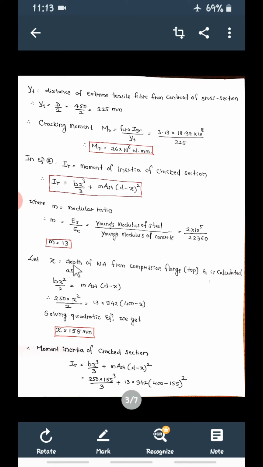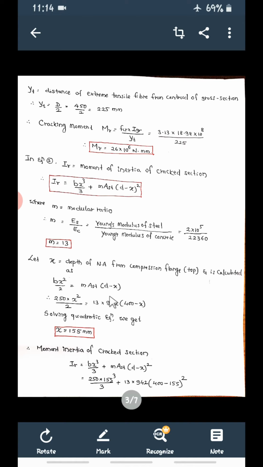Here x is equal to the depth of neutral axis from the compression flange, meaning from the top up to the depth where the neutral axis is. That is called x, and it is calculated with this formula: bx square by 2 is equal to m Ast into (d minus x).